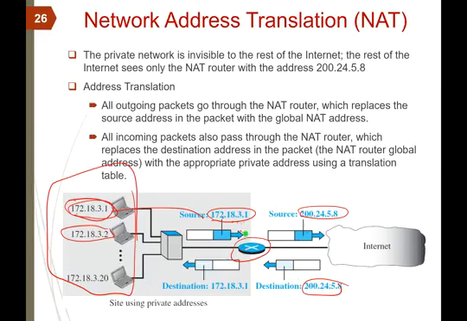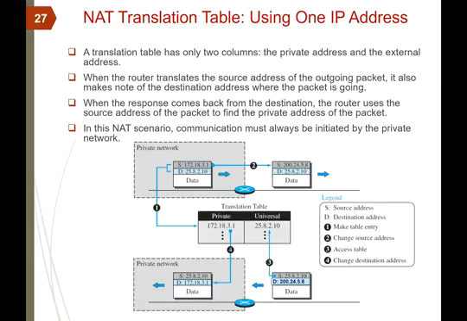The router using NAT will move this packet to this device, because it has a translation table that it will use to forward the packet, as we'll see now.